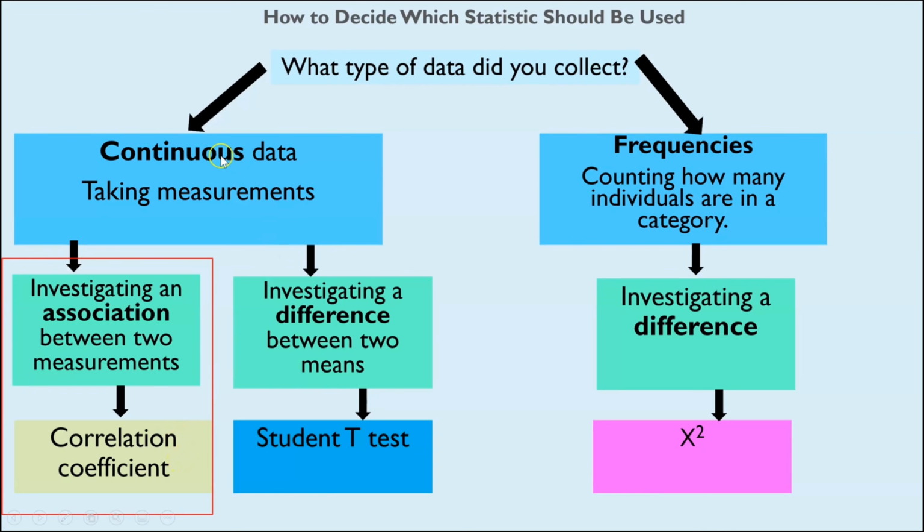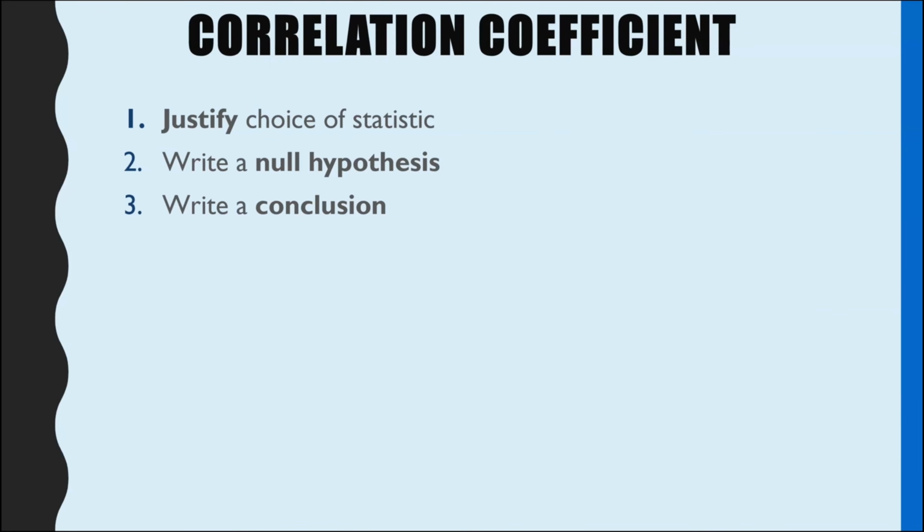So if you have continuous data, meaning you're taking measurements, and you're looking for an association or a correlation between those 2 measurements, then it would be the correlation coefficient. So for example, if you were looking at, is there an association between temperature and enzyme rate of reaction? And that's one of the examples we're going to use later in this video.